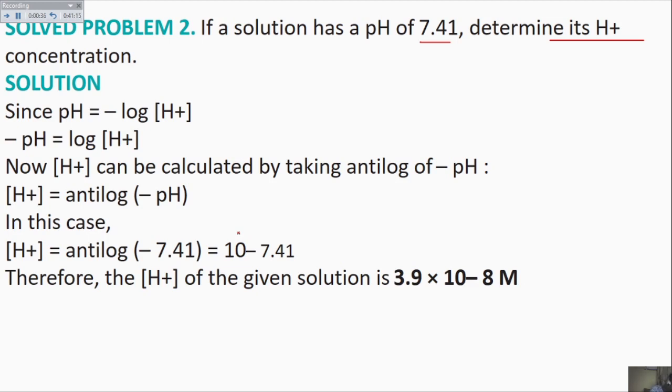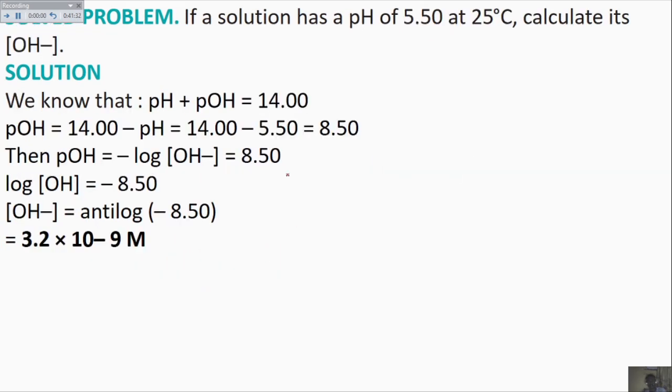This will give you 3.9 times 10 to the minus 8 molar. Just press your antilog, you get your answer.